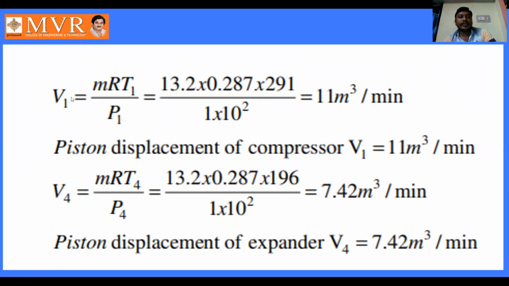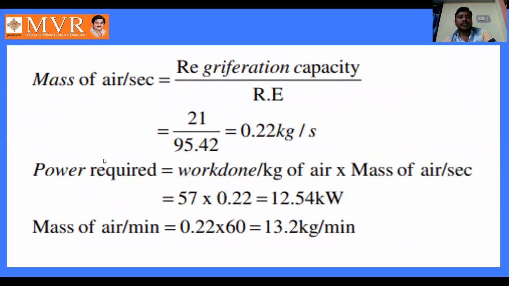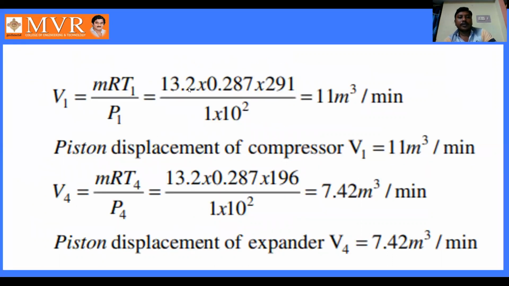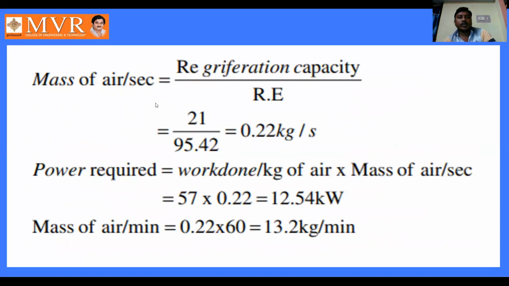Hence, the required equation is V1 is equal to MRT1 by P1. We already know that mass of air per minute, we have got a value 13.2, into R, the gas constant, which is 0.287, into T1, which we already know is equal to 291.